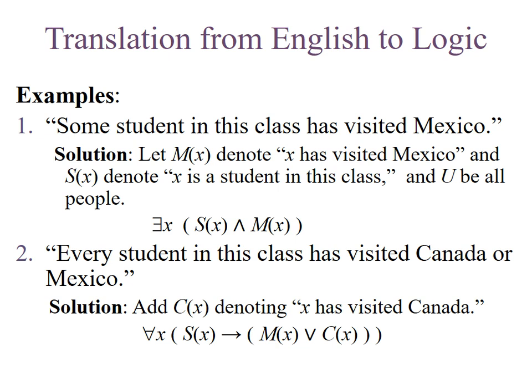Remember, every student in this class means if x is in this class, then x must have visited Mexico or Canada, for all x. If for all x, if he's in this class, then he has visited Mexico or Canada, then that means every student in this class has visited Canada or Mexico. All right, is that clear for everyone?